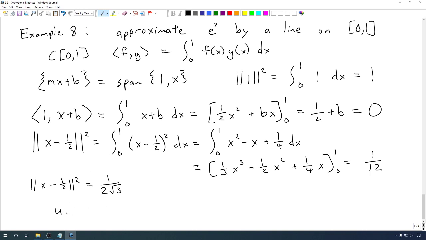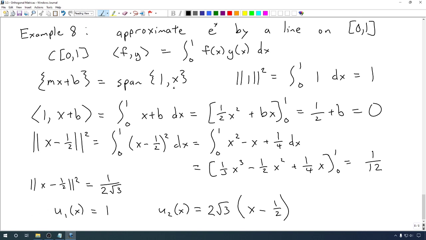So we have an orthonormal basis where u1 of x is 1, and u2 of x is the vector x minus 1 half, but then divided by 1 over 2 square root 3, or really we take 2 square root 3 times x minus 1 half. That's our orthonormal basis.